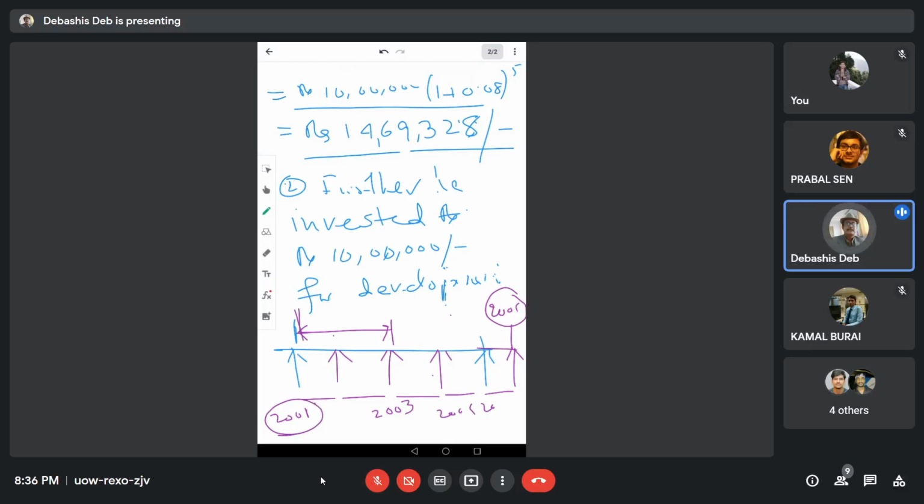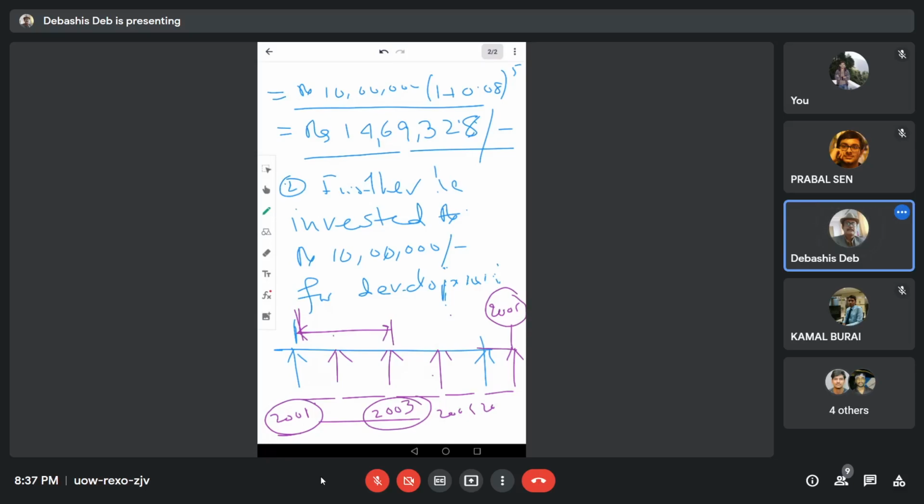The entire amount was invested during the period of 2001 to 2003. So in that case, there are two ways. For most accurate, you can obtain the actual figure month by month. You can calculate, but in our case, time will not permit.